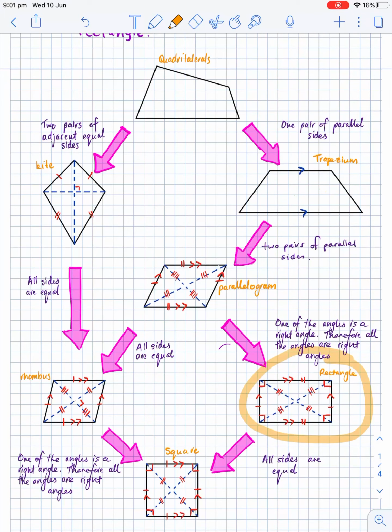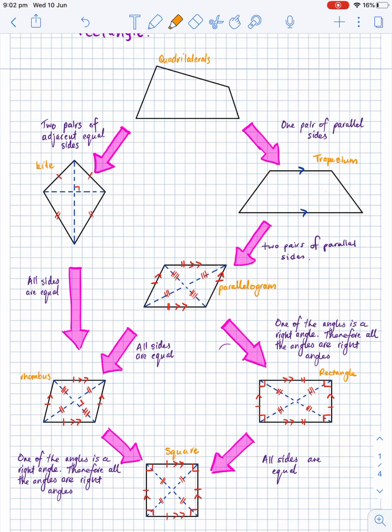So a rectangle is pretty much just a parallelogram with right angles in the corner. If you have a rectangle but all the sides are equal, suddenly you'll get a square because you've got right angles and you've also got all equal side lengths. So this is sort of the definitions for these different types of quadrilaterals.